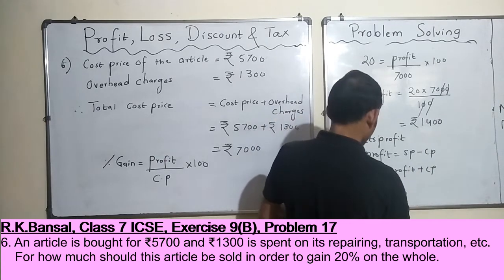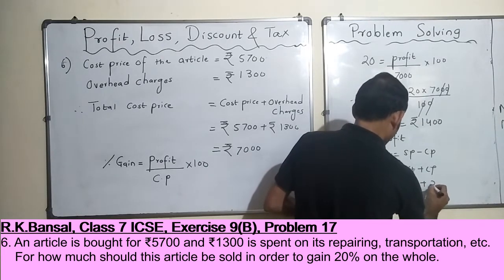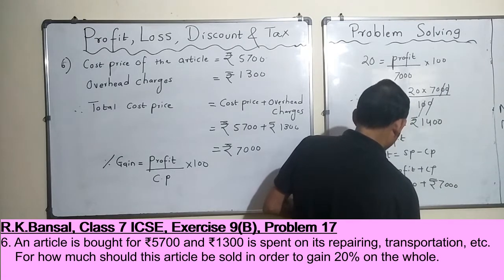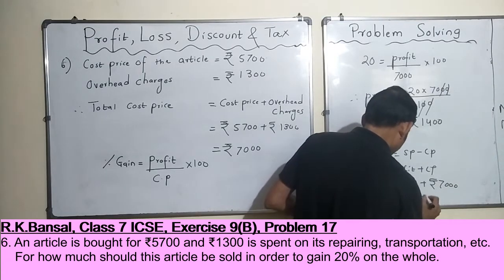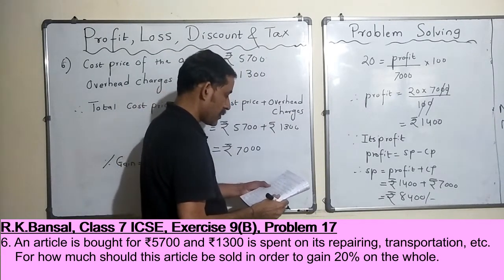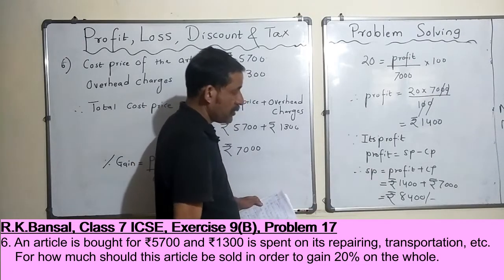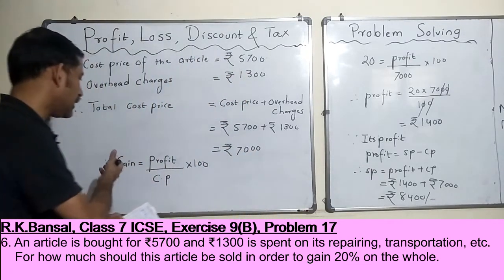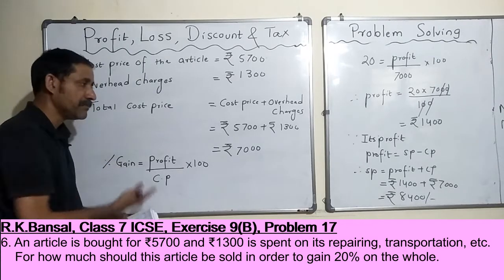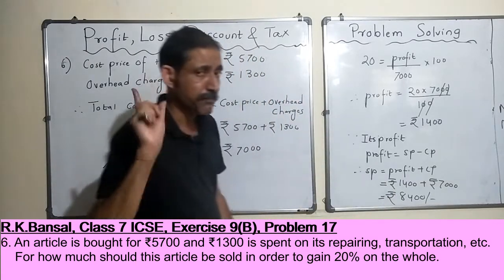Profit is rupees 1400, total cost price is 7,000. So the final selling price should be 8,400. That is the answer. You can write down, this article should be sold for rupees 8,400 to make 20% gain. If you sell at 8,400, you would have earned 20% profit.